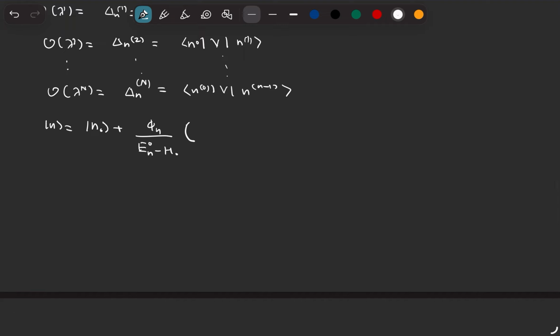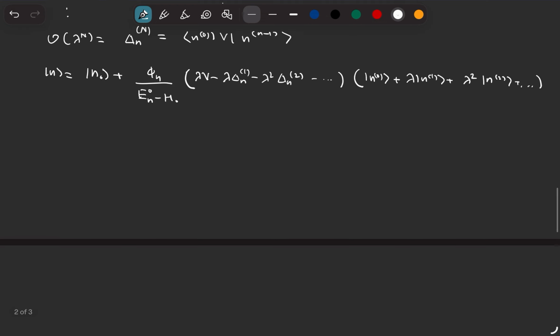So that will be lambda V minus lambda delta n 1 minus lambda squared delta n 2 minus, so and so on. And similarly on the other side we will have n0 plus lambda n1 plus lambda squared n2, so and so on. Great.